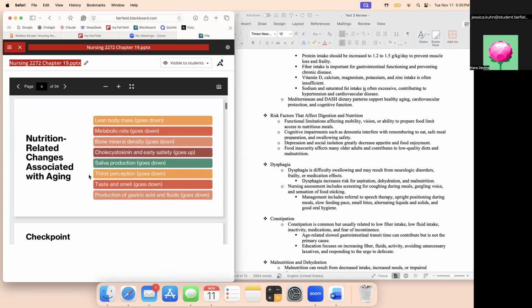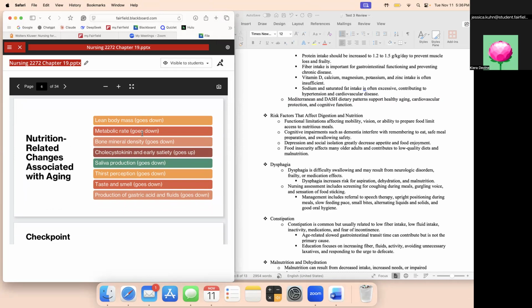She does mention nutrition related changes: lean body mass decreases, metabolic rate decreases, bone mineral density decreases, early satiety increases, like we said before.